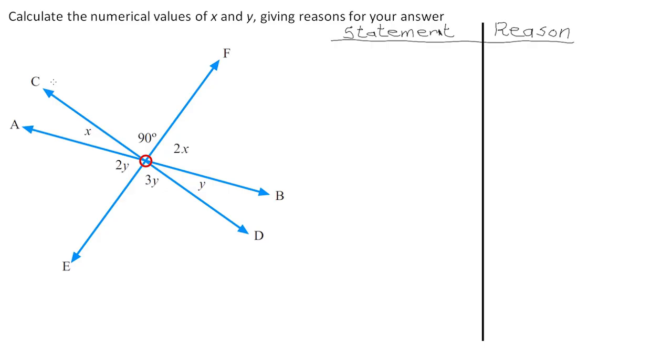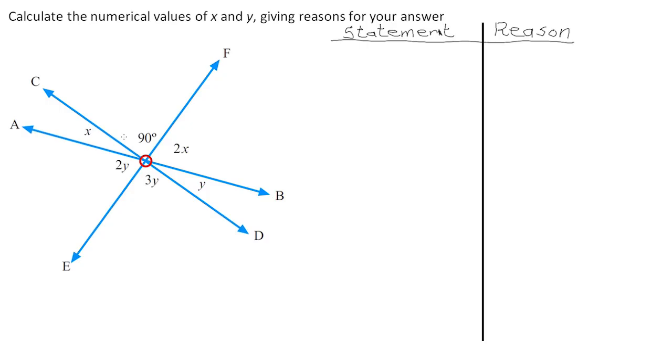And then the third theorem that comes out of here is, if you look at angle x, it is vertically opposite to angle y, meaning that x is equal to y. Also, 2y is equal to 2x, but also 3y is equal to 90 degrees.